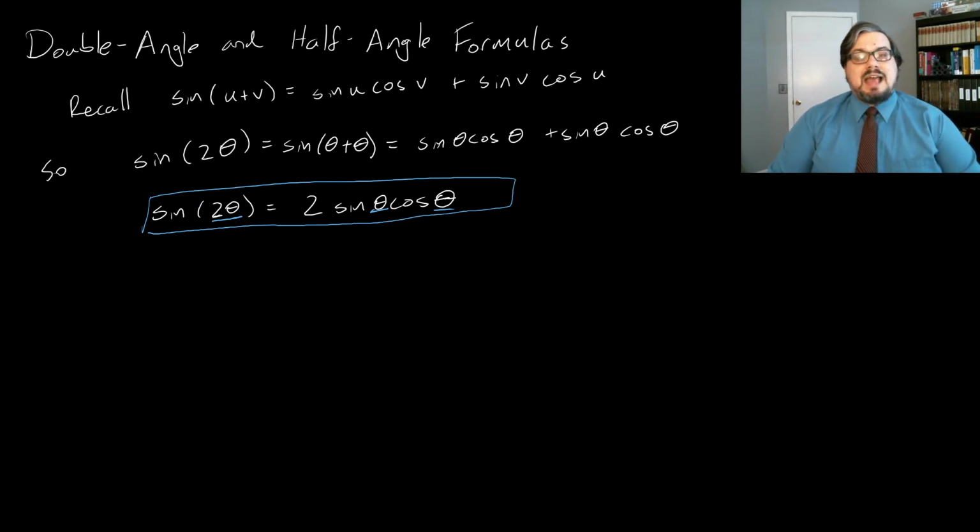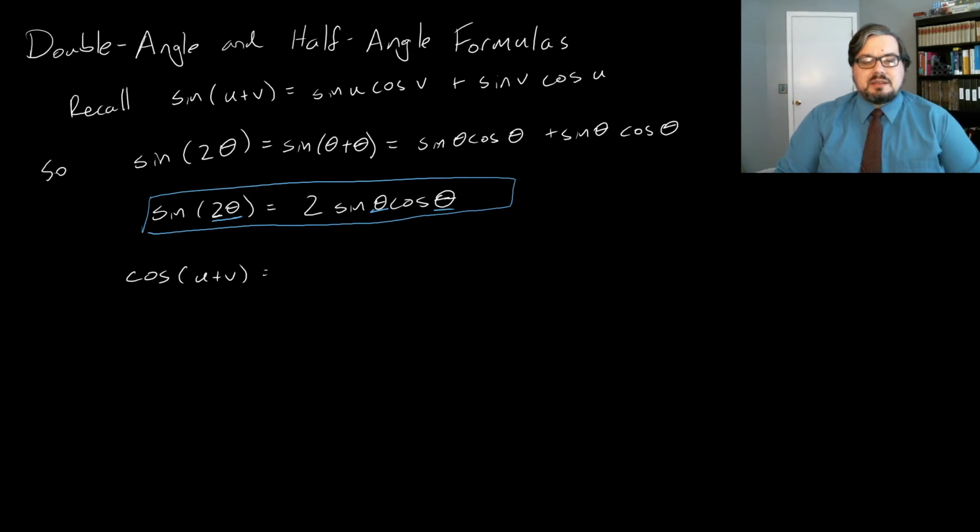Cosine actually has 3 separate ones that we use. Now, the first one is based on the addition formula for cosine. So recall that we have that cosine of u plus v is equal to cosine u times cosine v minus sine u sine v.